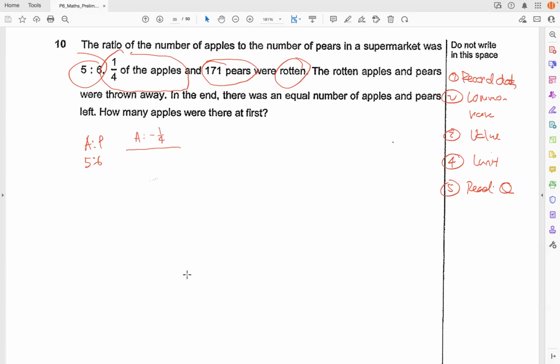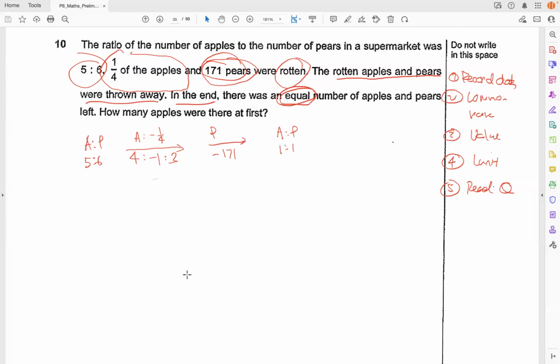You must have started with 4, you take away 1 rotten, you're left with 3. Pears, we just have minus 171. The rotten apples and pears were thrown away. In the end, there was an equal number of apples and pears. So apples to pears in the end is 1:1, equal.